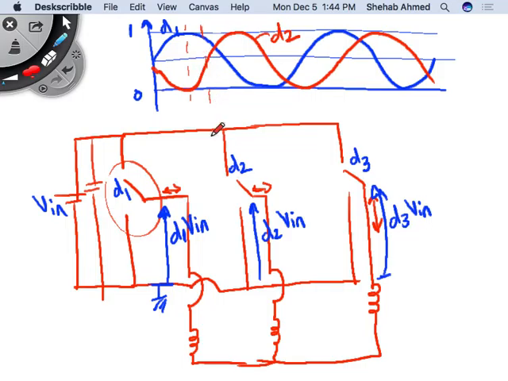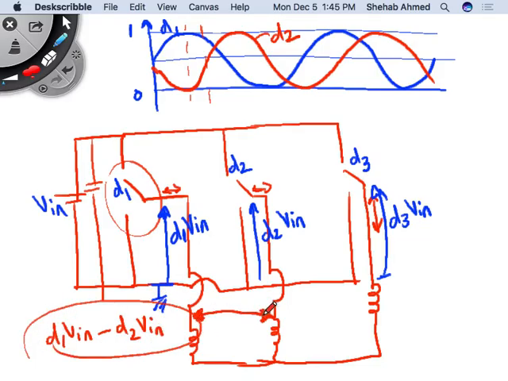So what do I see between these two nodes? What is the voltage that I see between these two? I see D1 times Vn minus D2 times Vn. You agree that this is the line voltage now between these two? D1 times Vn is here, and D2 times Vn is here.